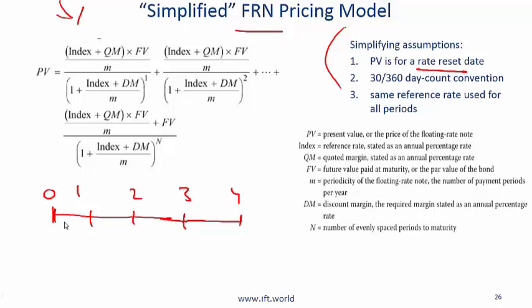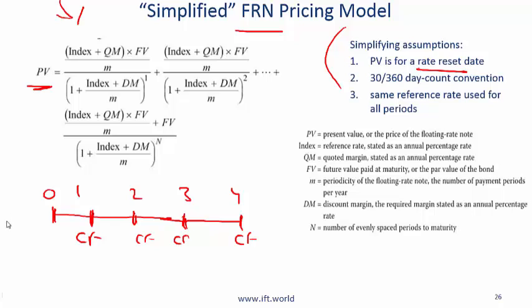So we are doing the pricing on these reset dates because with a floating rate security, we reset on these particular dates. All right. Next, now just a few things to keep in mind. The present value is simply the present value of all future cash flows. So the principle we are going to use is the same. We are going to find all these cash flows and then discount back.